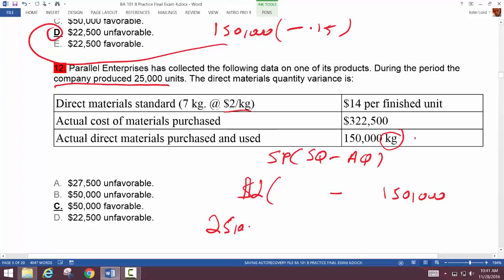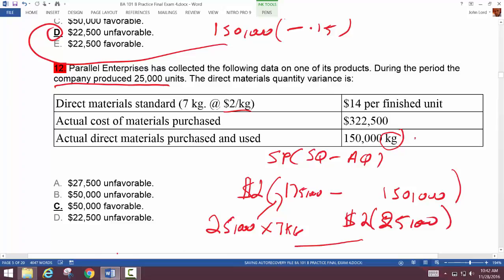How much stuff are they supposed to use per unit? 7 kilograms. 175,000? Like that? So what do we got? We got $2 times 25,000 gives us the 50,000, right?